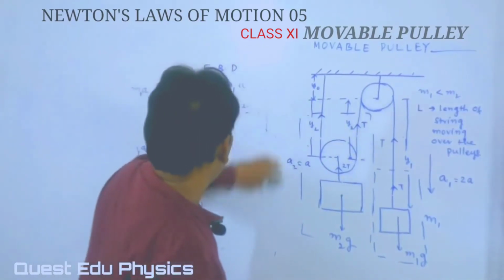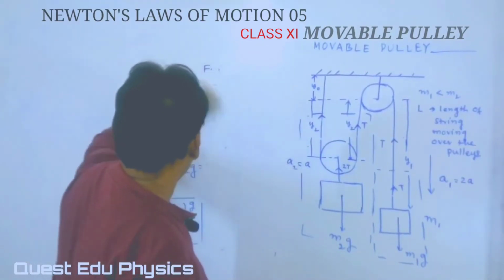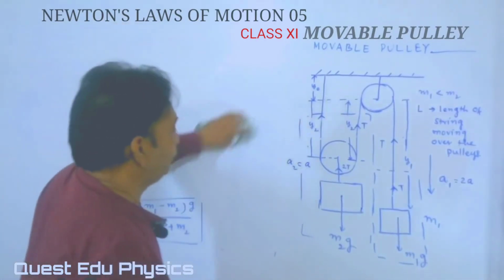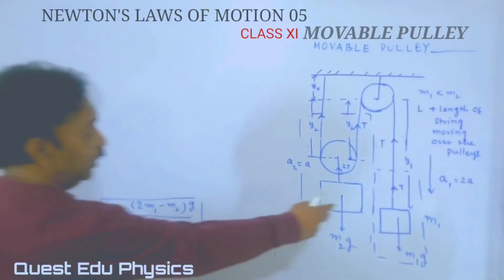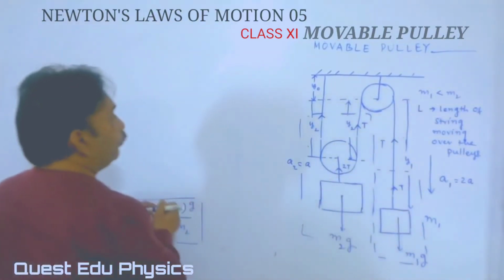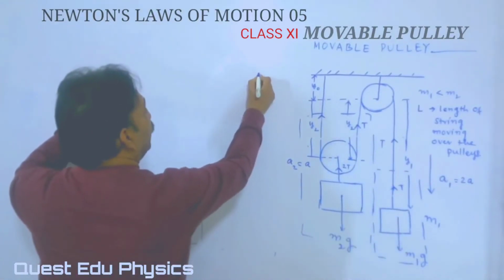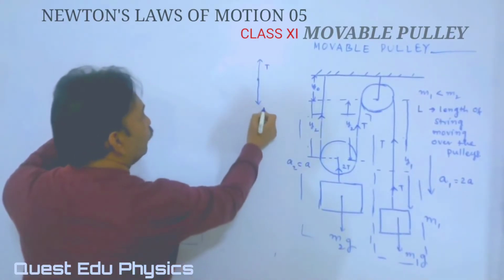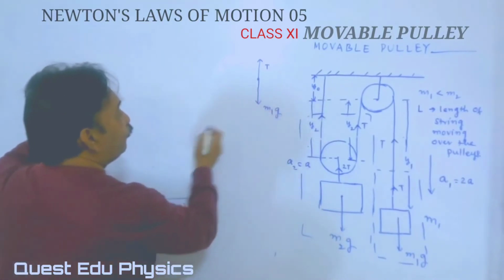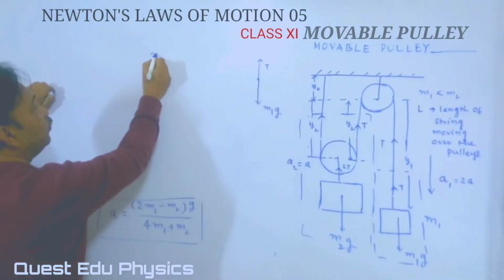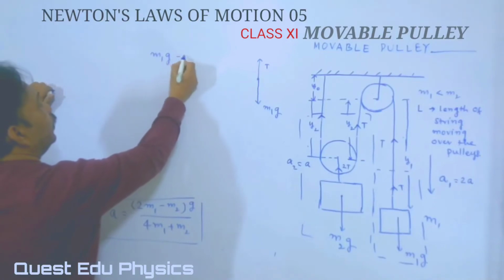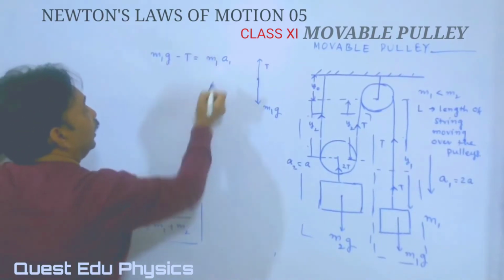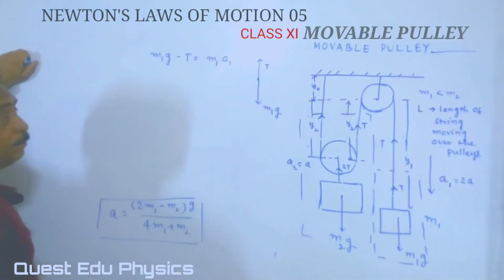Tension in the string. Okay, students. Here we are taking this diagram. If you draw the free body diagram, you will find the tension. It is M1g. The difference of the two, M1g minus T is equal to M1a1.